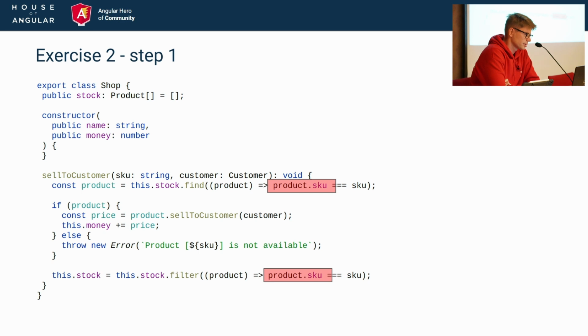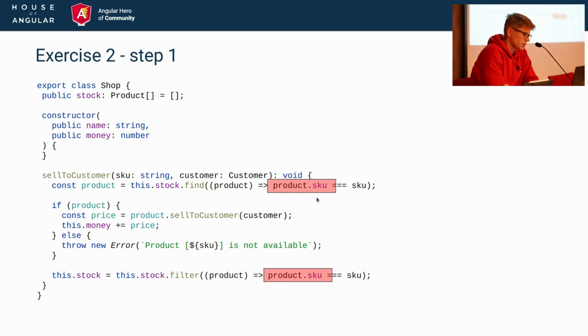And now we can create a method, which is called sellToCustomer. In this method, we use SKU and customer as input. On the first line of this method, we are searching for the right product with this SKU in the stock of the shop.